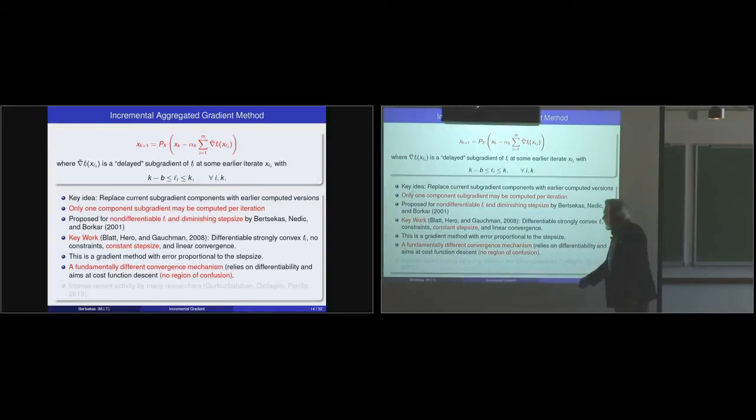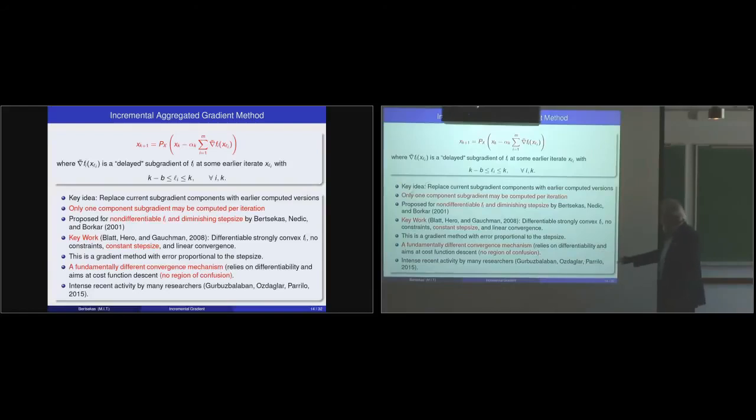But in any case, there is a lot of interesting work, and in the general form that I'm giving the result here, there's a nice paper by Balaban, Ozdaglar, and Parrilo from MIT, who are my colleagues, and they have a particularly elegant proof of convergence. If you look at some of the earlier proofs, they're just horrendous, just completely undecipherable.